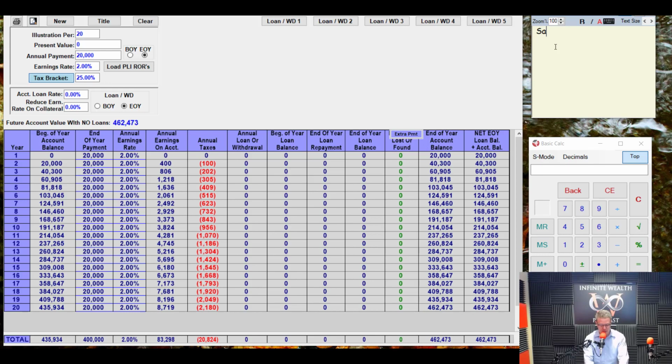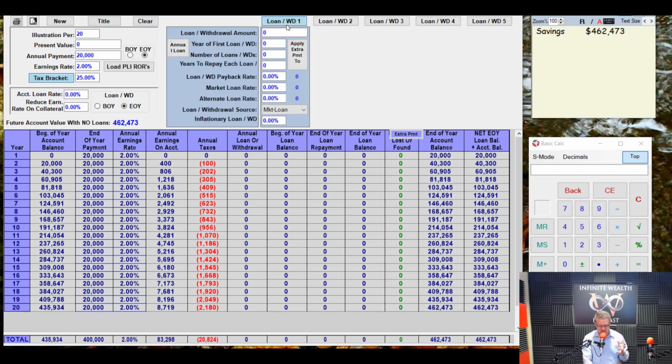So let's see. Savings is going to be 462,473. Okay. Now, let's say that you're going to pay for a down payment on a home.